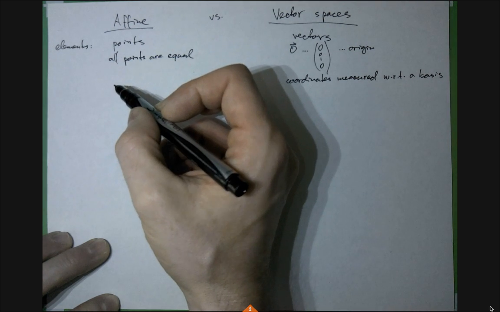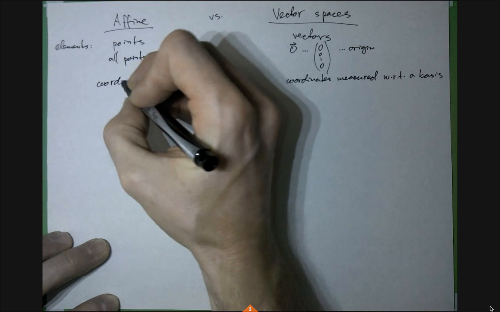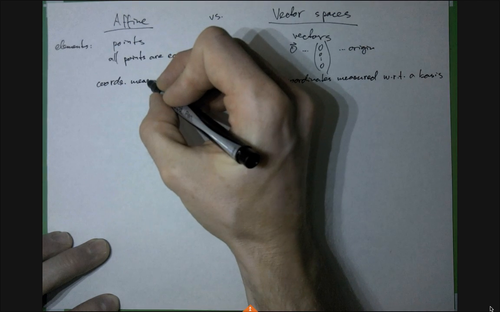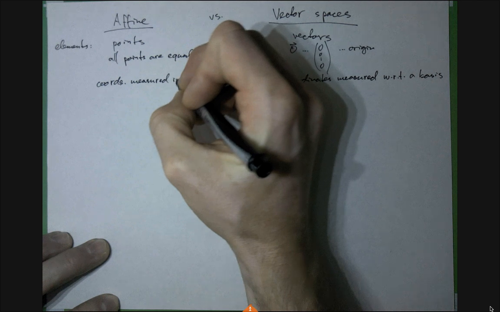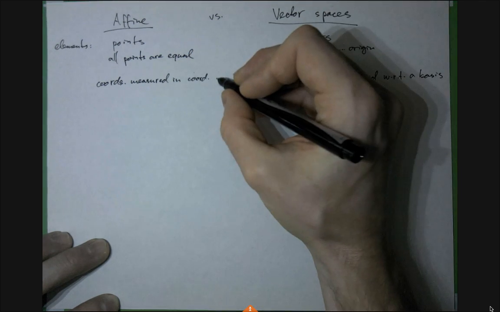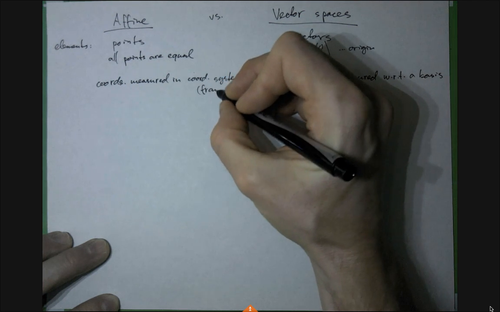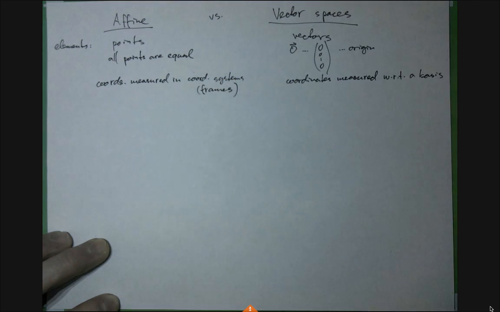I alluded to it last time, but in affine spaces, coordinates are measured in coordinate systems or frames. Those are different names for the same object.